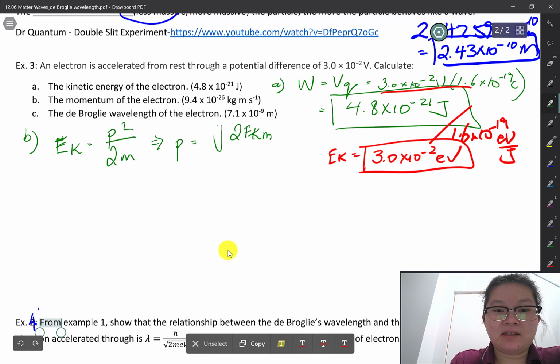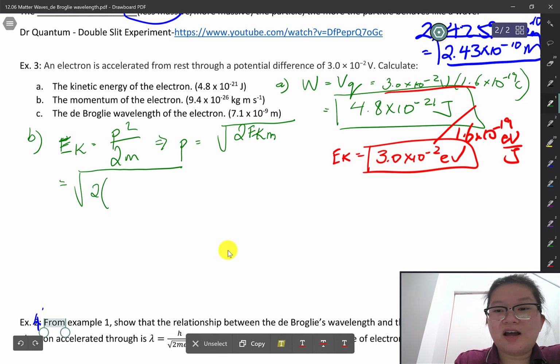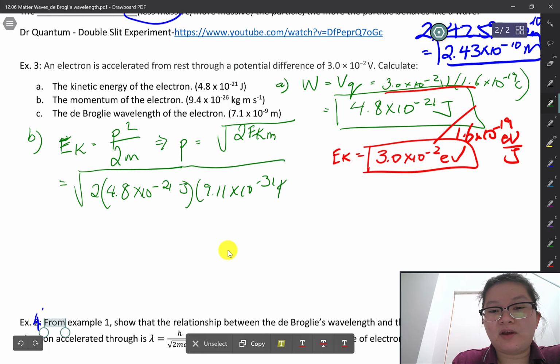So this is going to give me 2 times its kinetic energy from the previous question in joules, 4.8 times 10 to the power of negative 21 joules, times the mass of the electron, which is 9.11 times 10 to the power of negative 31 kilograms.